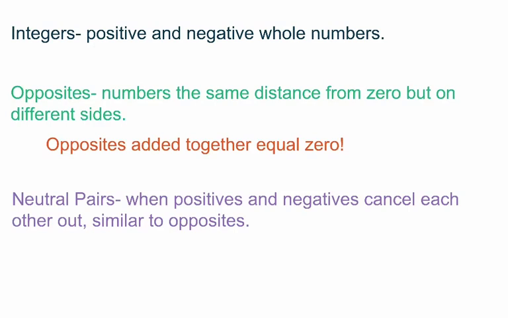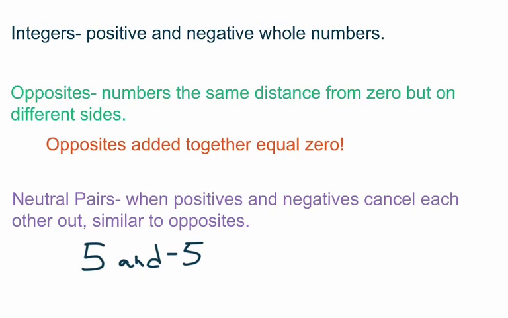The definition of neutral pairs is when positives and negatives cancel each other out, and this is very similar to opposites. For example, the numbers 5 and -5 we would describe as opposites.